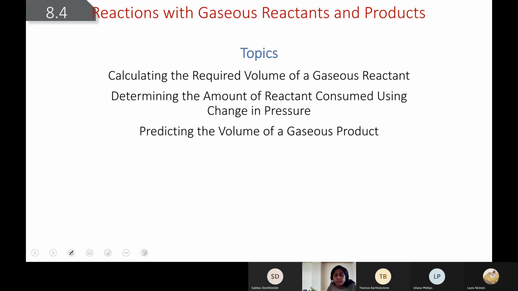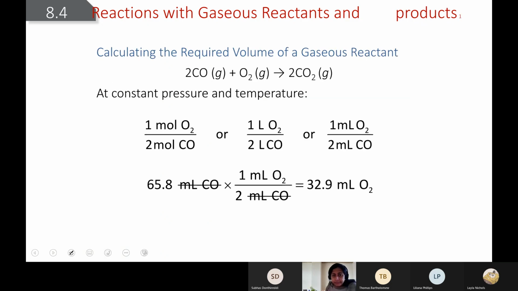Now you can relate this gas law equation to solve for the properties of a gas component in a balanced chemical reaction. How can you do that? When you are calculating the required volume of a gaseous reactant, you can use Avogadro's law, so you can relate the moles with the volume.